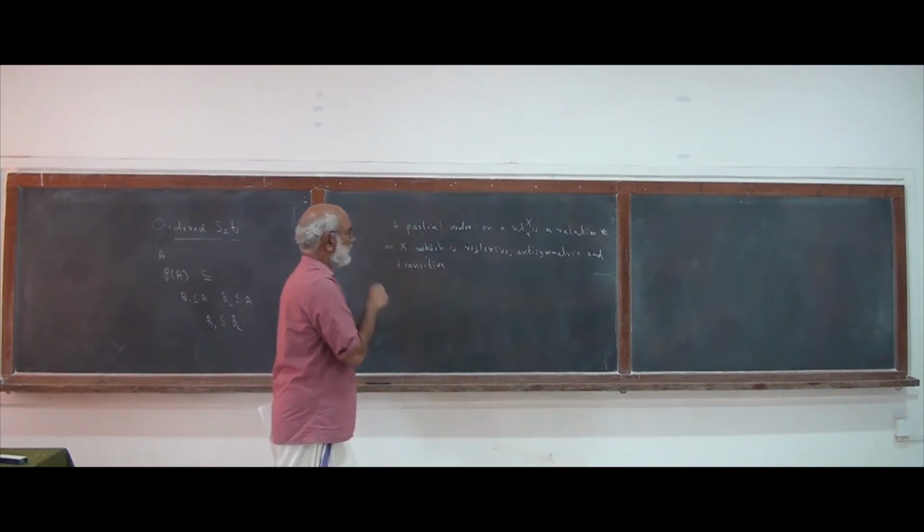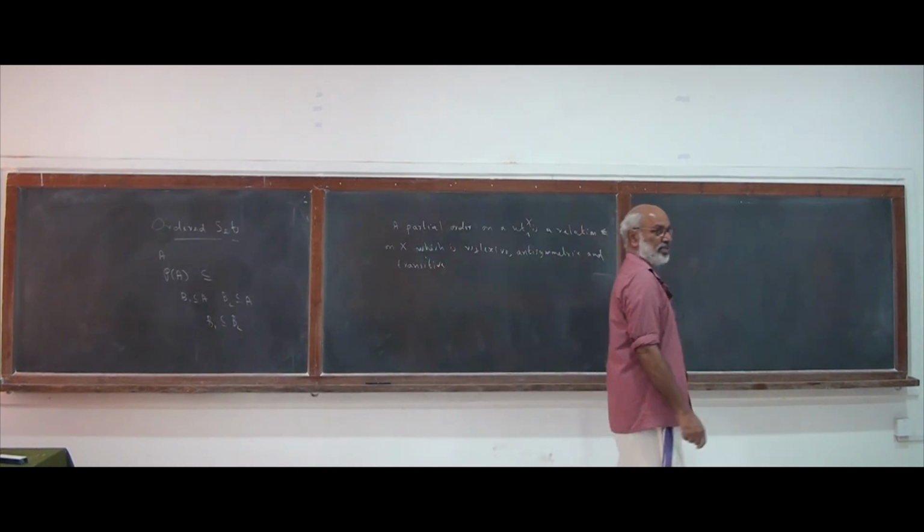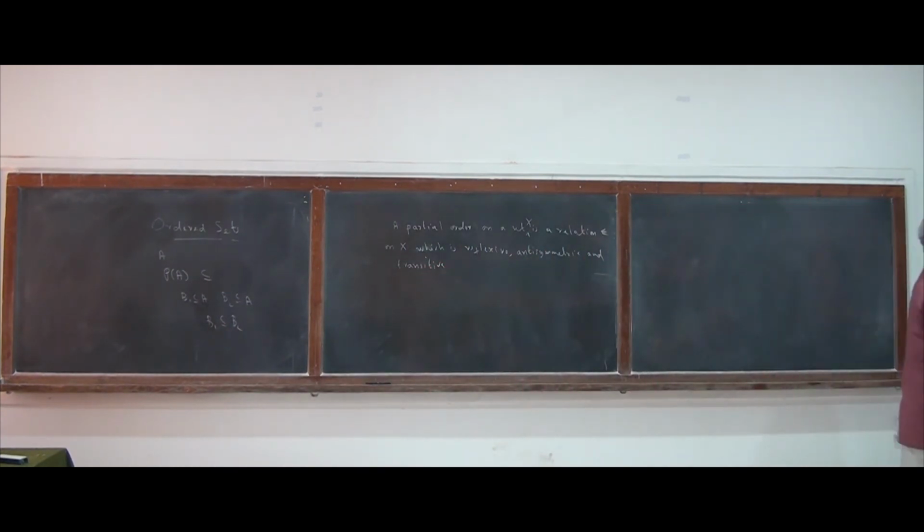A reflexive, antisymmetric, and transitive relation is called a partial order.